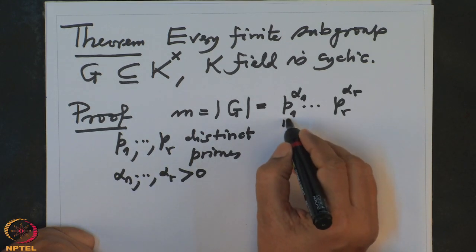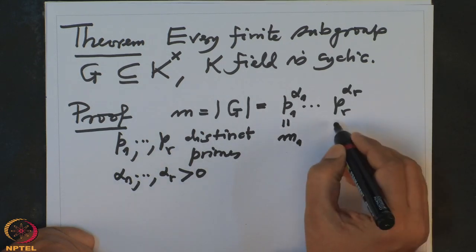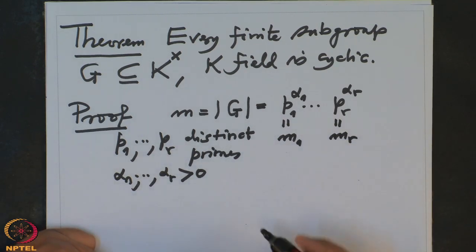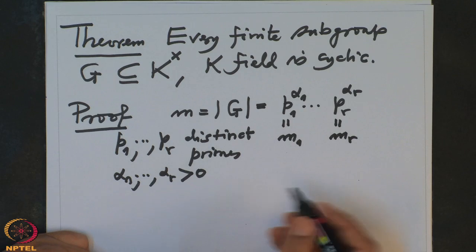I will call p1 to the alpha 1 as m1 and pr to the alpha r as mr. So m1 to mr are pairwise relatively prime.